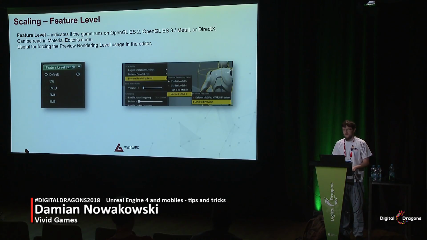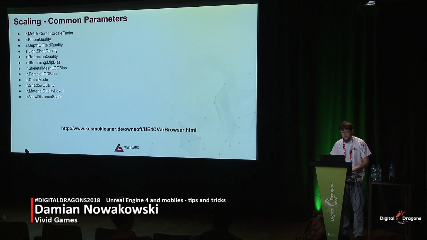To see the game as it looks on mobile, you can set the rendering preview level inside your editor to the Android preview, which will enable the OpenGL ES2 feature level. About the other parameters: the mobile content scale factor we've already talked about, then bloom, depth of field, light shafts, and refraction quality.